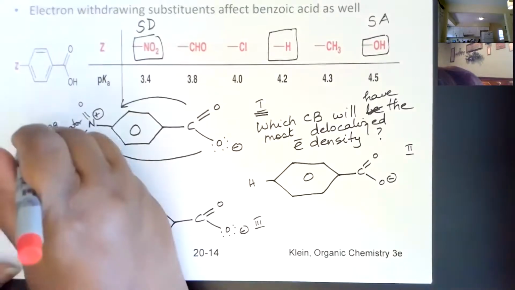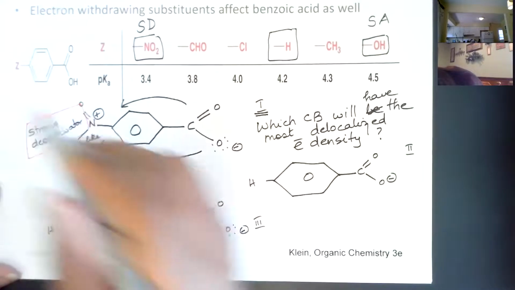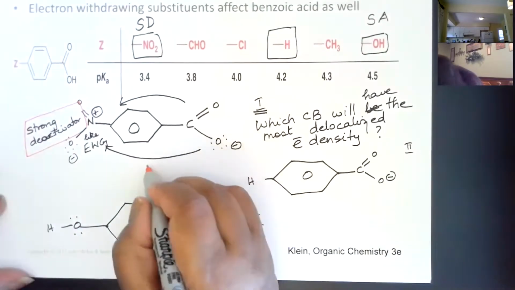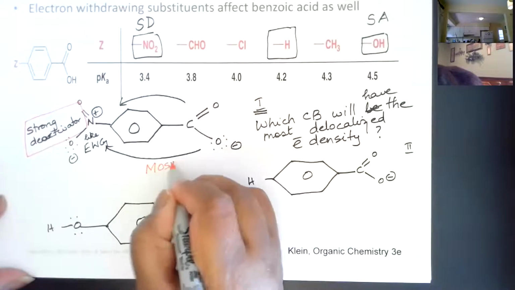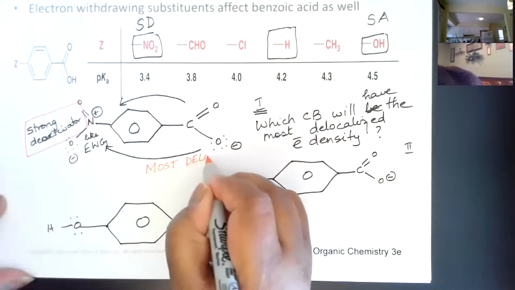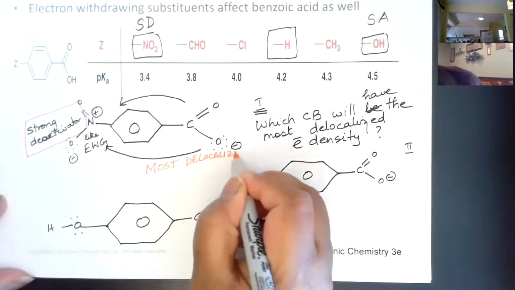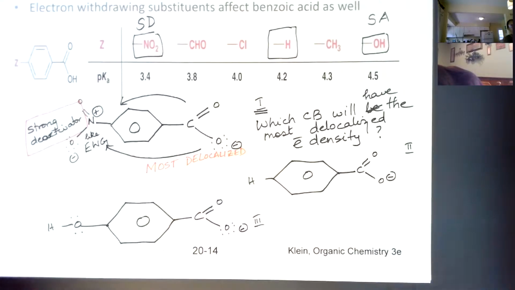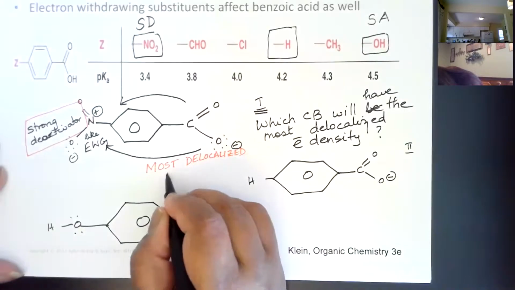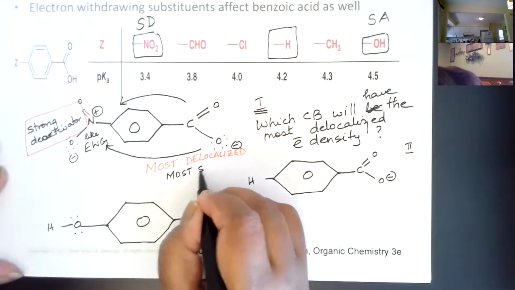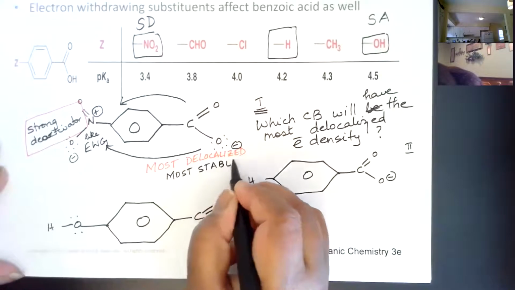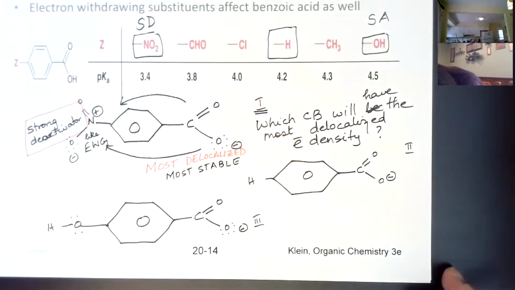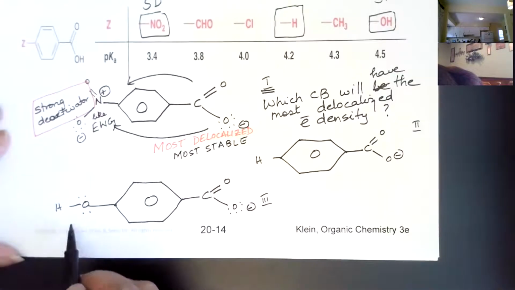The one that has the strong deactivator is the most delocalized, and the most stable. Okay, so this guy is like an electron donating group.